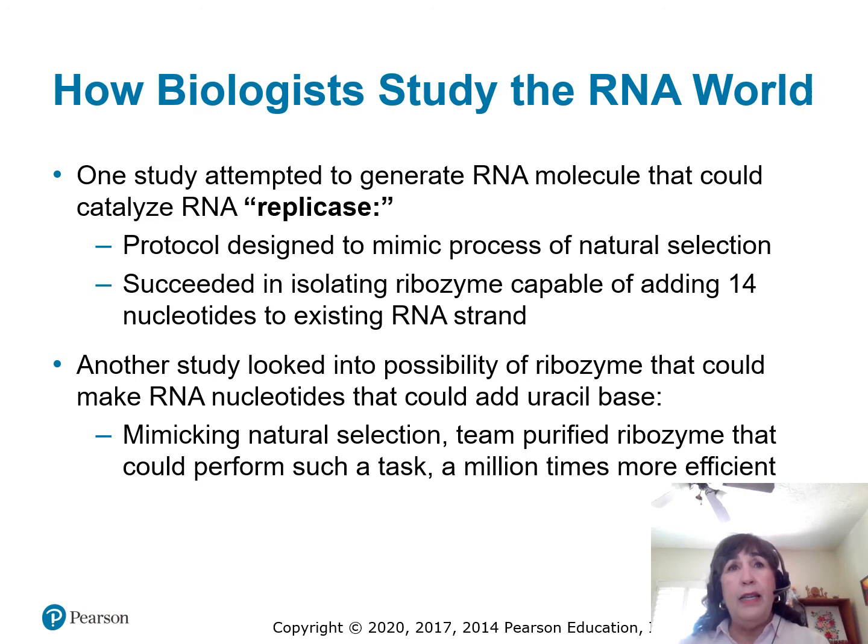They looked at 14 nucleotides, and they could get RNA to replicate itself. In another study with just uracil bases, they got RNAs to replicate the string of uracil bases. So this showed that RNA can carry information and it can catalyze its own reaction. This is awesome findings.